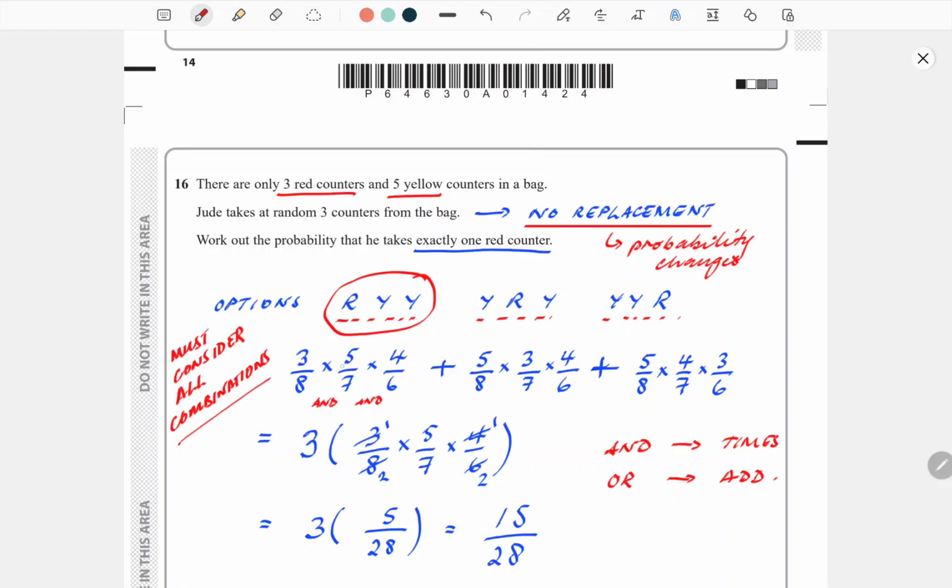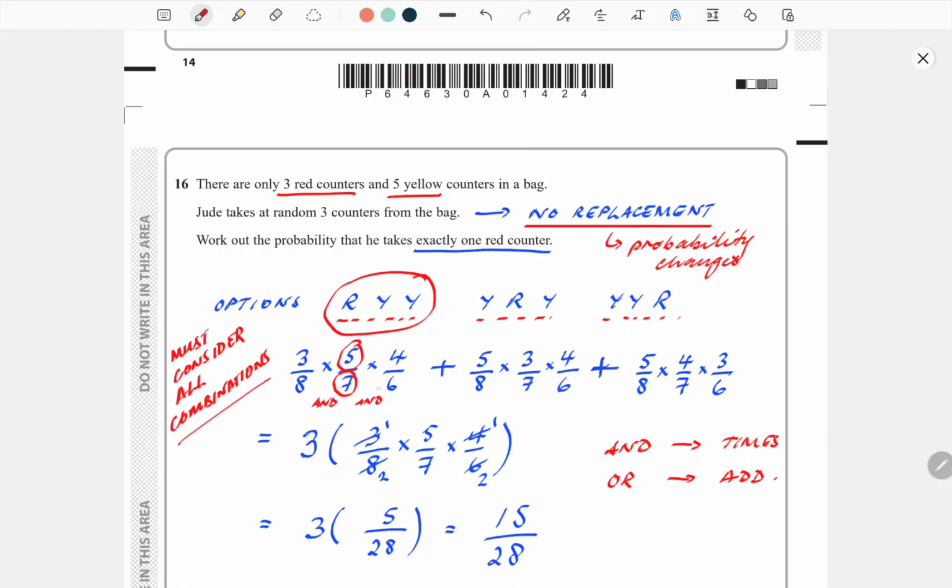Okay. Then the second pick has to be a yellow. There are still 5 yellows left, but only 7 counters in total. So we must reflect that in the second probability. In the same way, for the third counter to be a yellow, there's only 4 yellows left if we've already picked one.